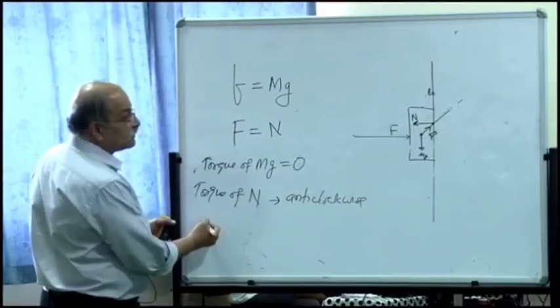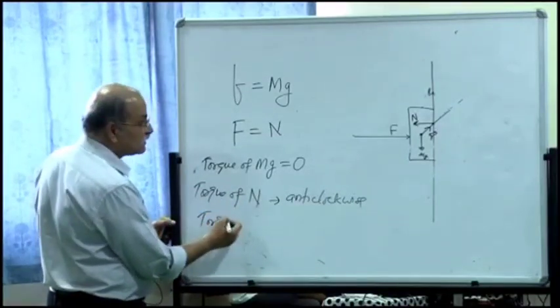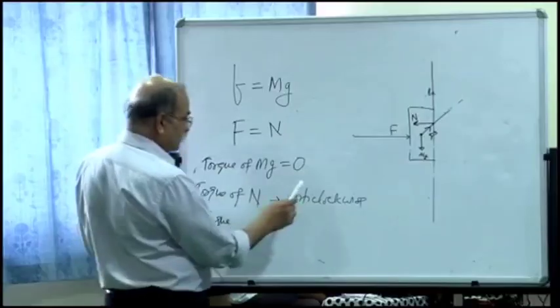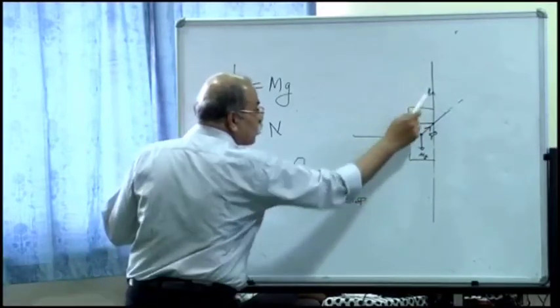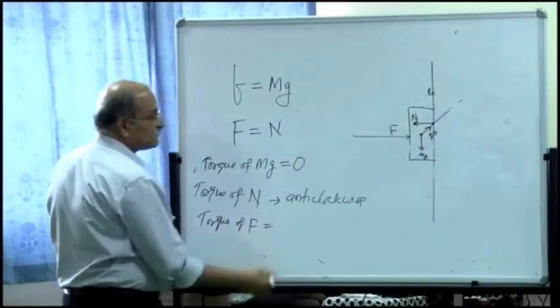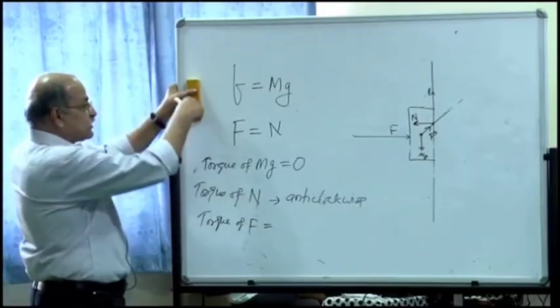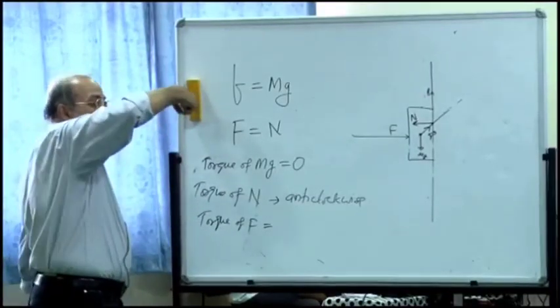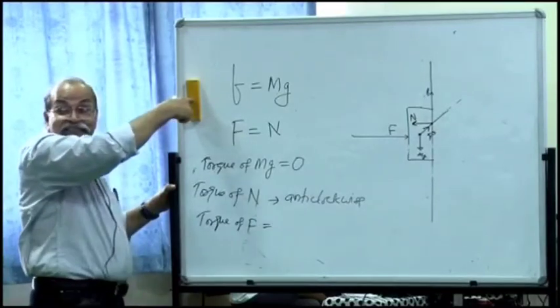Then torque of capital F. What did I write? Torque of mg is 0. Torque of N I have written, and there are two more. Torque of F. Remember the physical situation. This is F, capital F, and the origin is at the center of the duster.